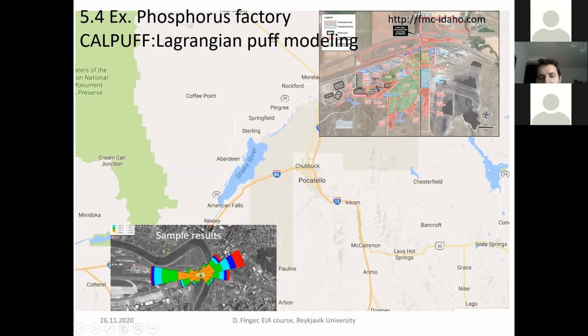And you can use a numerical model to estimate the pollution impacts and then include this in your environmental impact statement by stating, look, we're going to build this factory, but we looked at the worst case.